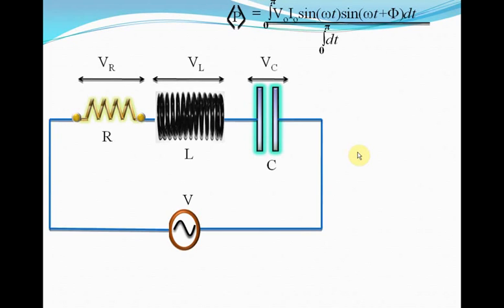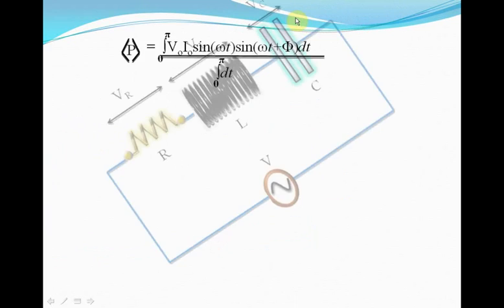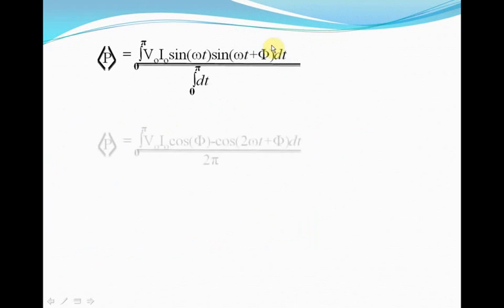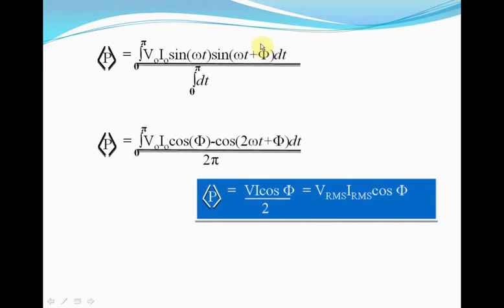We will integrate from 0 to pi here because the period of this expression sine omega t plus phi comes out to be pi. Interesting, but that's how it happens. So we will integrate from 0 to pi. When we do that, this is the final expression that we get. And when we simplify this expression, this is the final value of the power that we get.